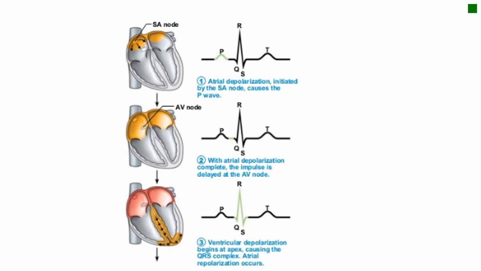This is again just to show you what's happening at the P wave. This is where there's atrial depolarization. Then there's a slight delay while it's conducted into the AV node. Then the electrical rhythm is passed through the bundle of His and into the left and right ventricle, and that depolarizes the ventricles in the QRS complex.